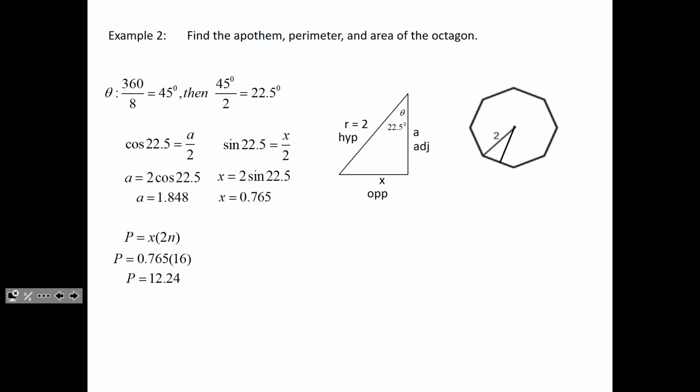Right. And then as far as the area goes, our formula for area is... and we found out that our apothem was the 1.848, and we found out that the perimeter was 12.24. So I'll multiply those 3 terms together, and what do we end up with there?